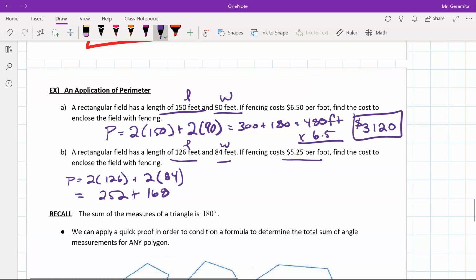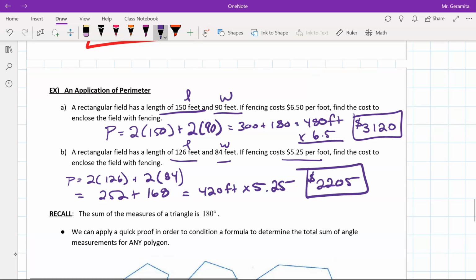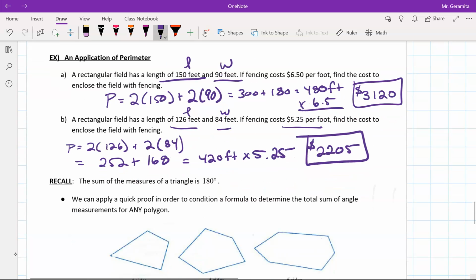You're going to get that the perimeter is 420 feet. Take that 420, multiply it by $5.25, and you're going to get $2,205. So it's going to cost less because the fence is less and you are covering less footage.